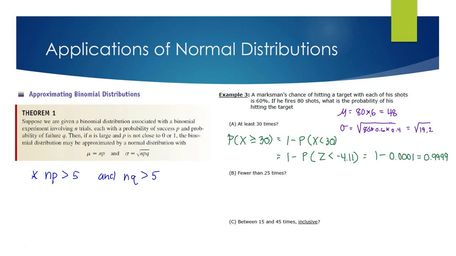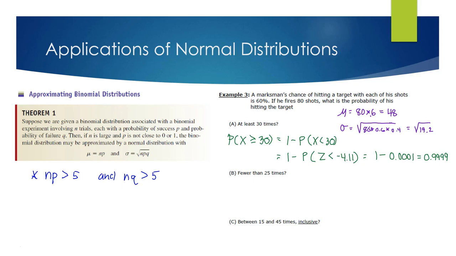That makes sense because I expect him to hit it 48 times. It's almost certain that I'm going to hit it at least 30. Of course, it'd be a rare occasion if it didn't. If you want to say it's approximately 1, that's also okay. But basically, it's almost certain that this marksman is going to hit it 30 times or more.